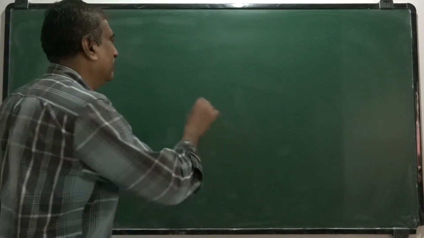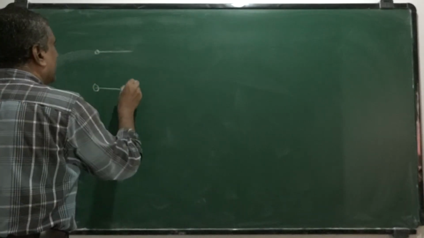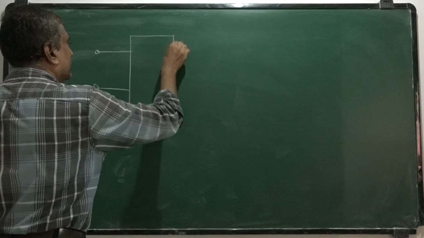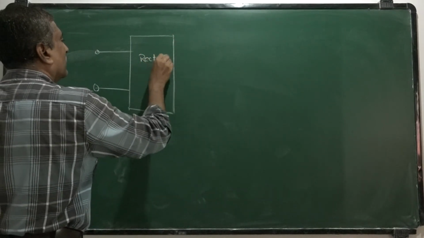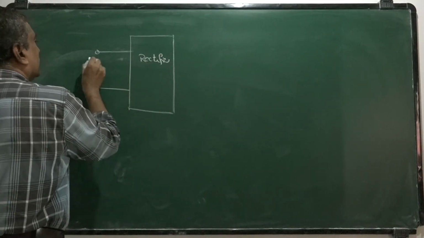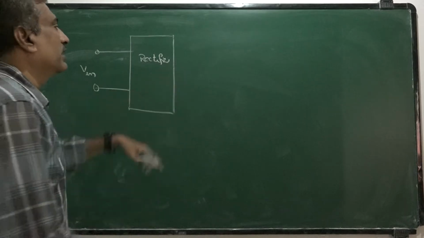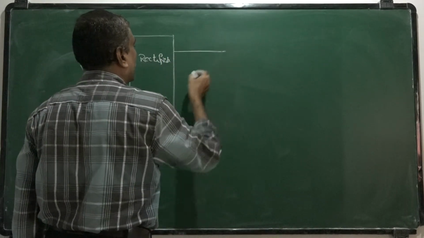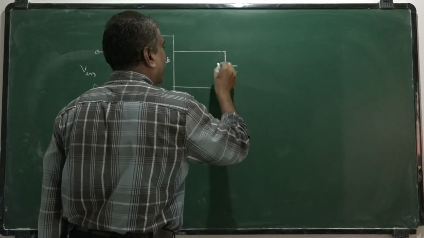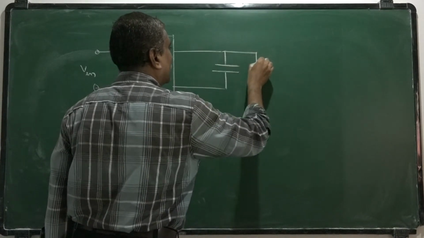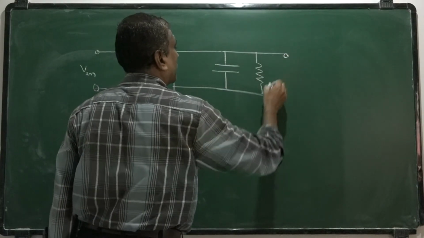Now we discuss it like this. Suppose this is the input given to a rectifier, and this is the rectifier. This rectifier gives a DC, and this is connected to a capacitor like this and a load resistance like this. The output is taken across this resistance.